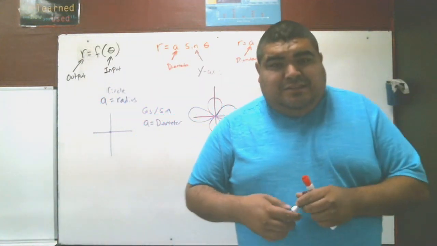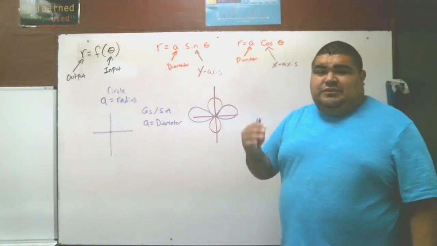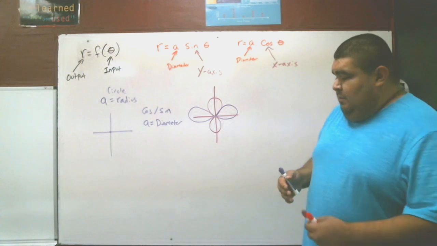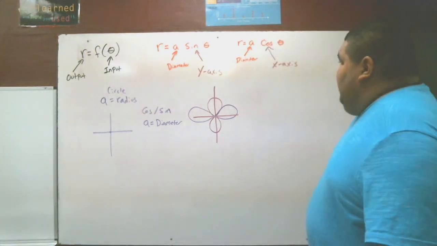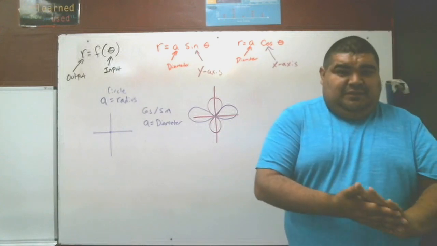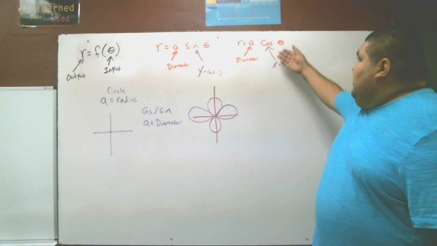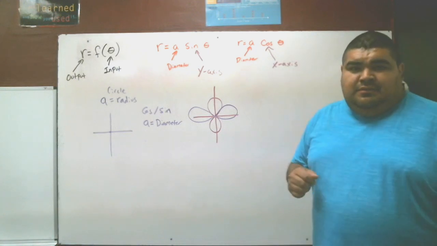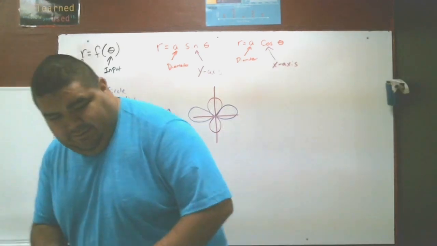Notice why I say petals, because once we get into more complicated problems, you're going to start seeing a little more of it. Sorry about that. Make sure you have the very basics of it in your notes. Remember, sine is y-axis, cosine is x-axis. All right, let's erase it here.